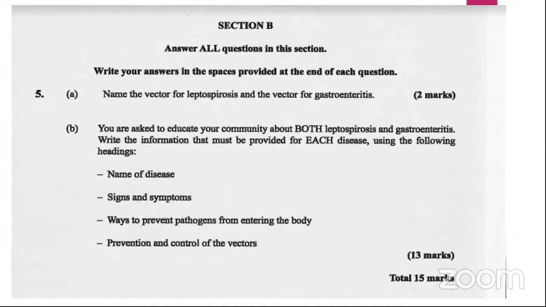Write the information that must be provided for each disease using the following headings: name of disease, signs and symptoms, ways to prevent pathogens from entering the body, and prevention and control of the vectors.